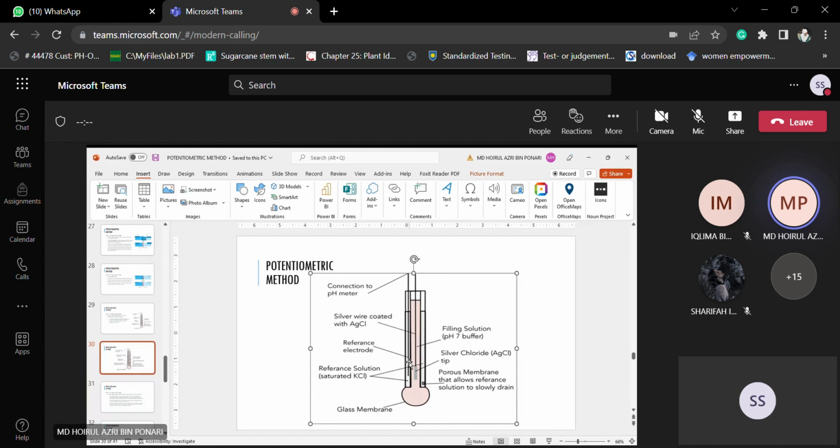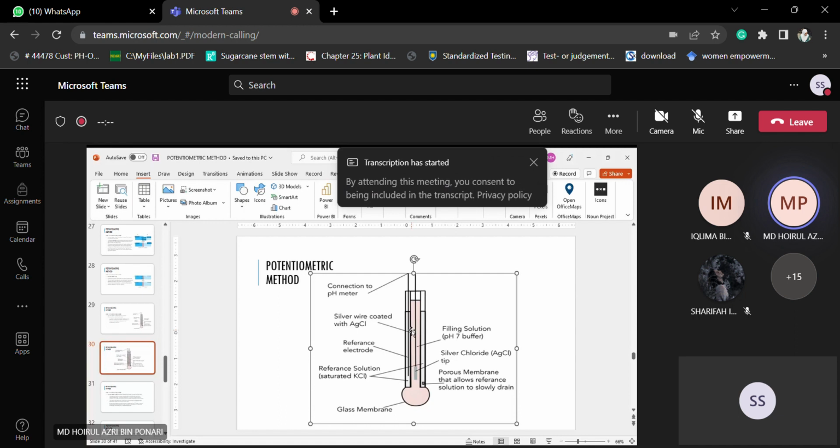We have electrodes, and then we have reference electrodes, which is glass membranes, and then we have filling solutions, silver chloride, saturated calcium chloride solutions. Okay, so in order to determine the concentration of hydrogen ions, we must connect.